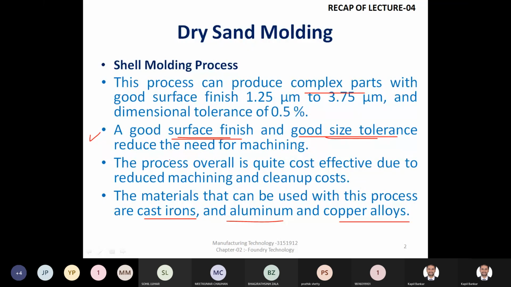If you get a good surface finish, there is a chance to minimize machining, or you can reduce the need for secondary machining after the casting process, because the product itself has a good surface finish as well as good size tolerance.